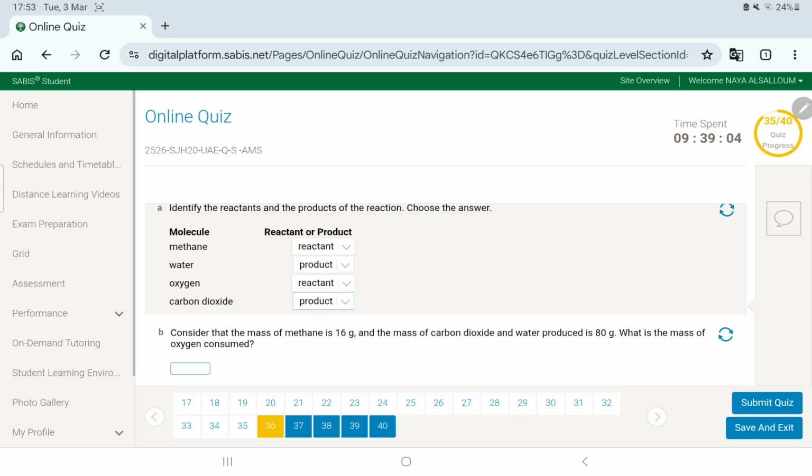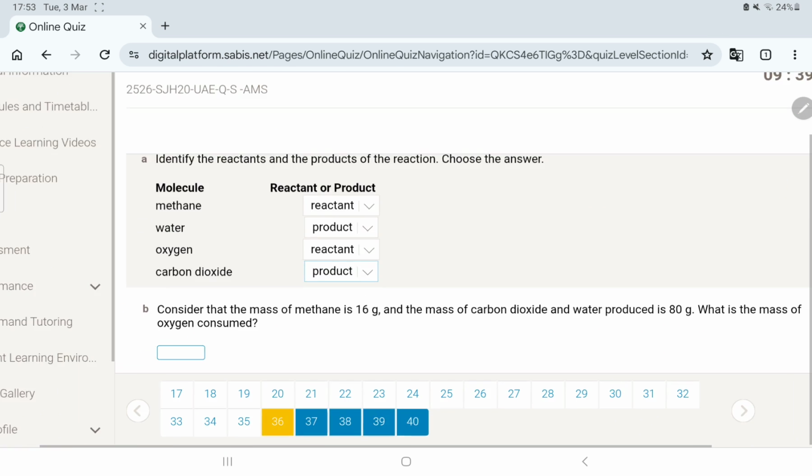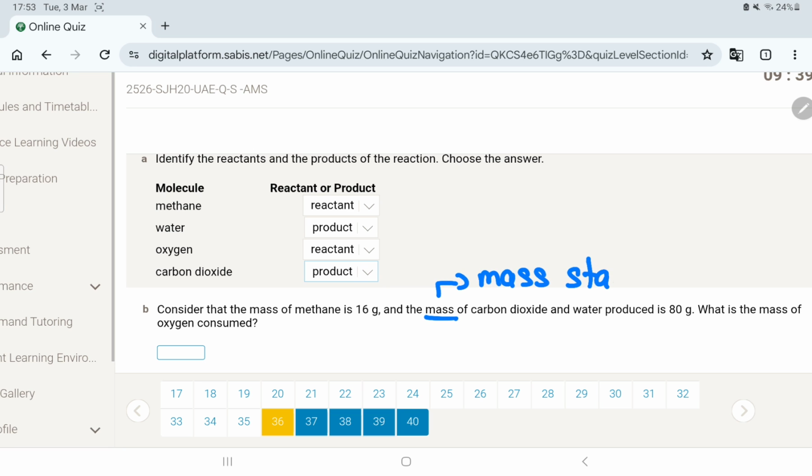Consider that the mass of methane is 16 grams and the mass of carbon dioxide and water produced is 80. So what is the mass of the oxygen consumed? Now, here we're applying the law of conservation of mass. So mass stays the same.